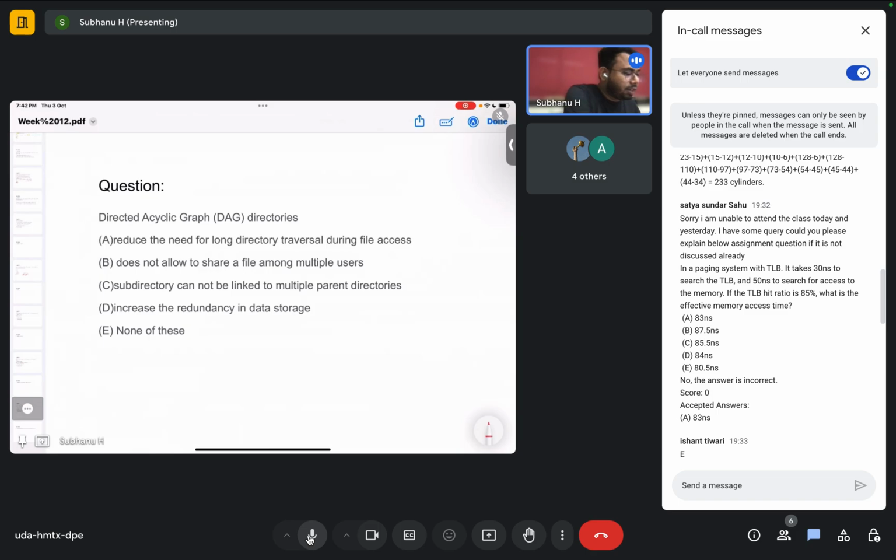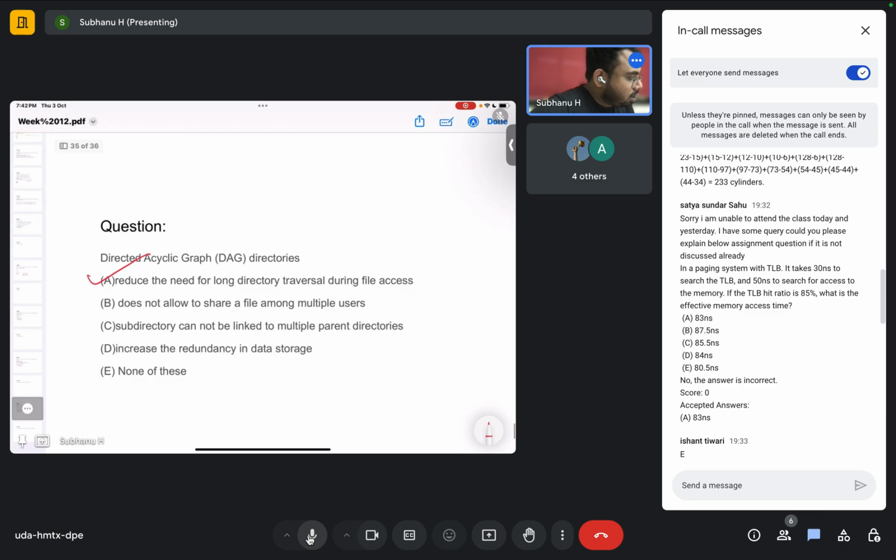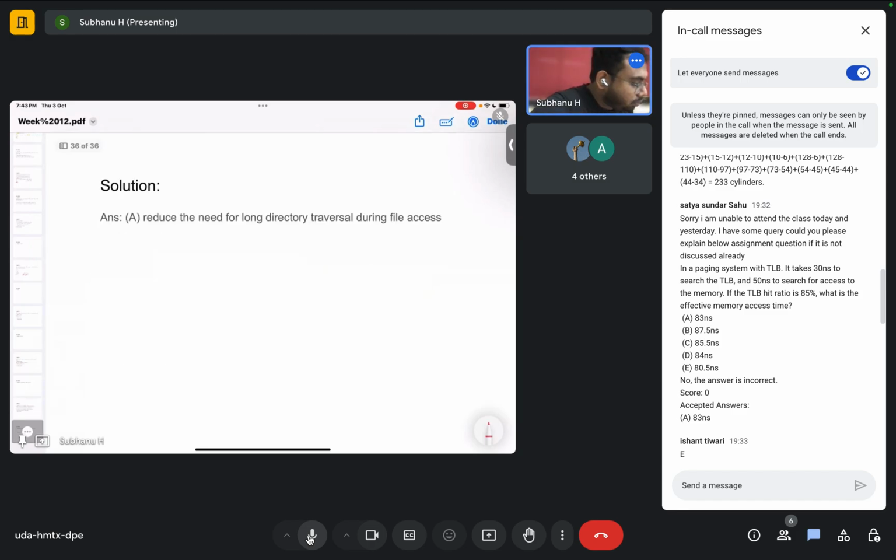Okay. So first, let's try to solve Satya's question. Sorry. The answer is A. Reduce the need for non-directory traversal during the file access. Okay. So yeah.